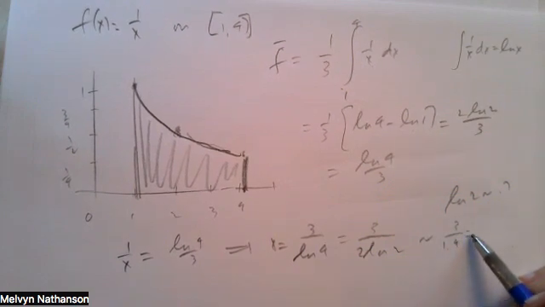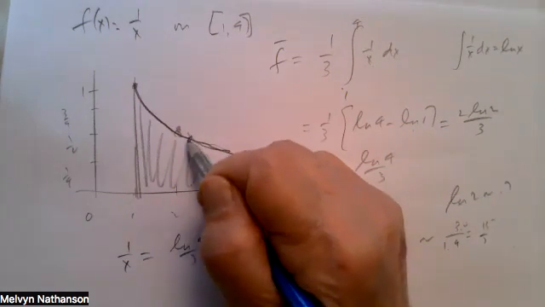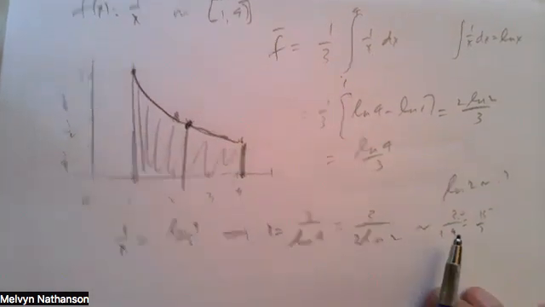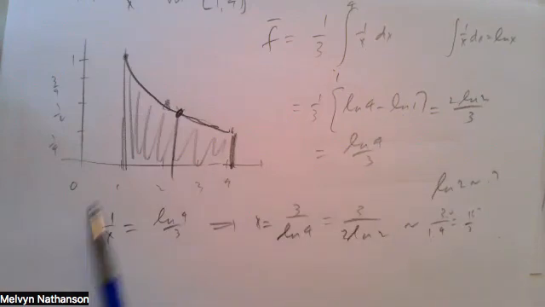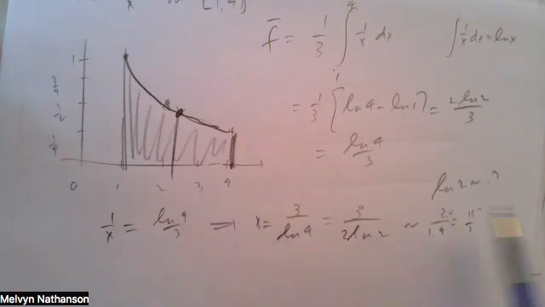So 3 over 1.4 is like 15 over 7, a little bit more than 2. So there's a unique number x between 1 and 4 such that 1 over x equals the average value of the function.